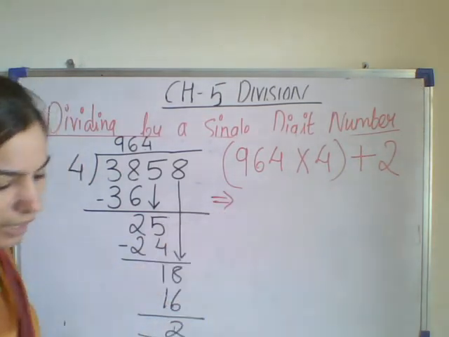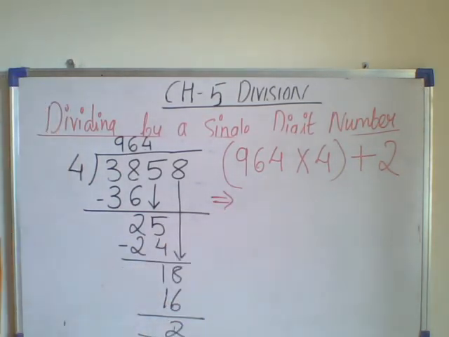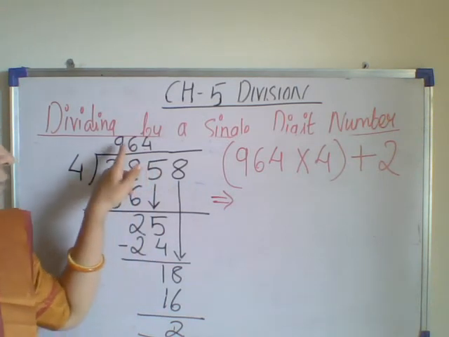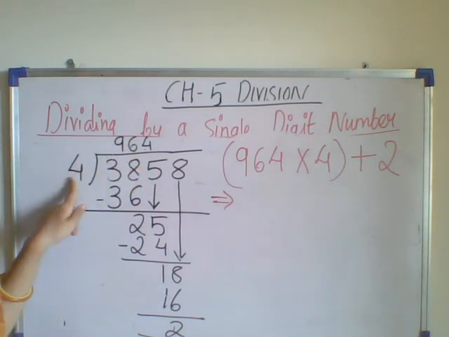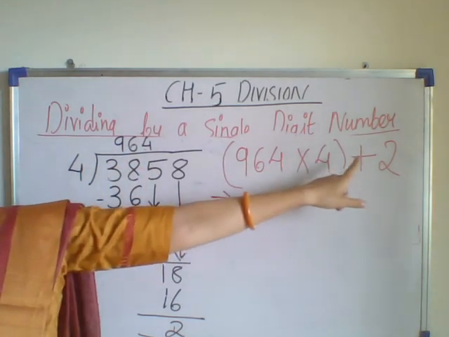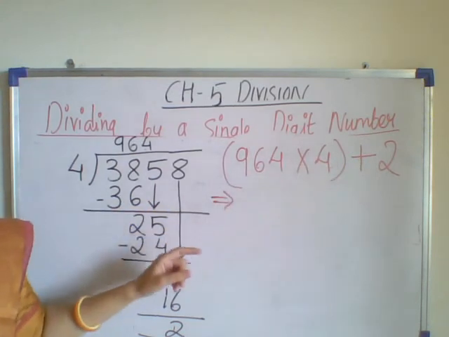Then we'll be getting the answer. So what is the rule to check the division? We have to multiply the quotient with the divisor, plus we have to add the remainder.